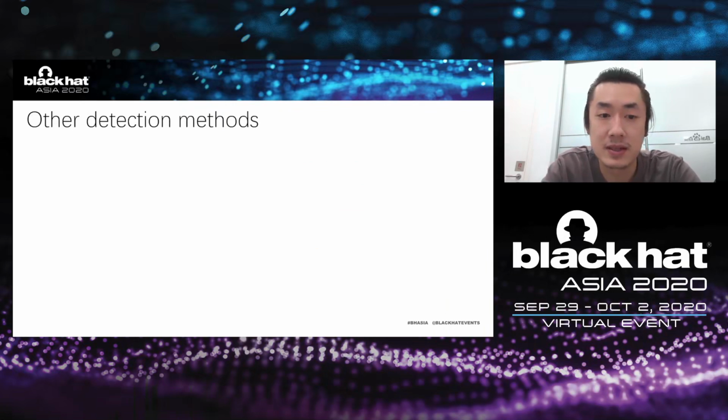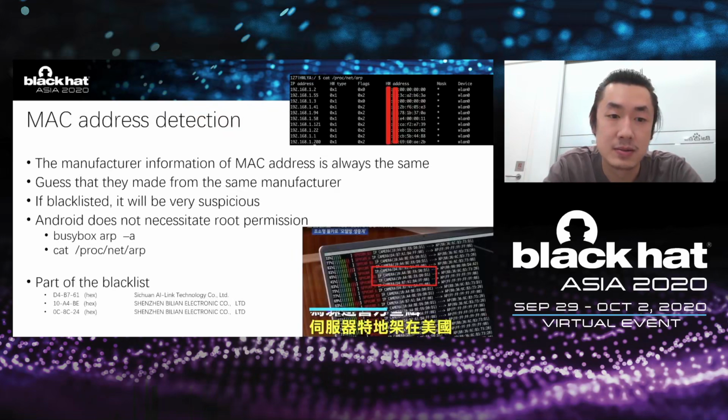Okay, now let us introduce some additional detection methods. Well, we found that sometimes the manufacturer's information of the MAC address is the same, although the device hardware is different. We suspect that the majority of devices are made by the same manufacturers and utilize the same Wi-Fi chip.